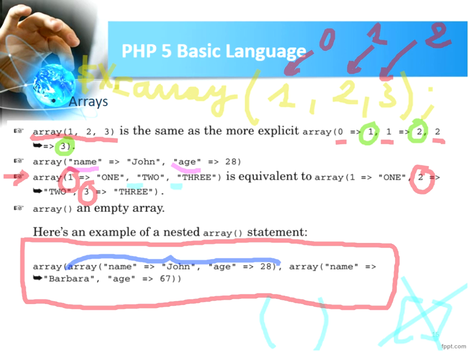This is the first element. The second element of our array is another array. This is the second element. Any questions? It is clear? Okay.